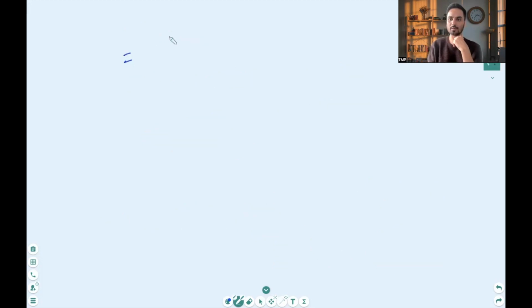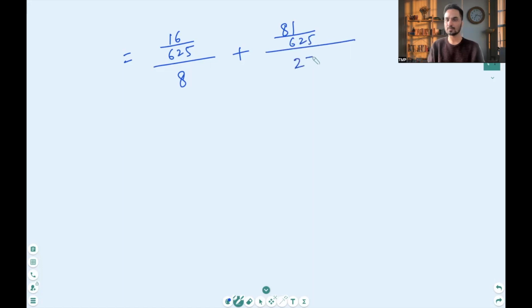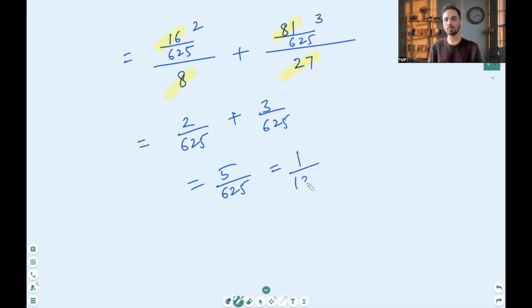And simplifying, we'll get (16/625)/8 plus (81/625)/27, and we can cancel out 8 and 16, and 27 and 81. So we will get 2 and 3. So we'll have 2/625 + 3/625, which is the same as 5/625 or 1/125. And that is what we wanted to prove.